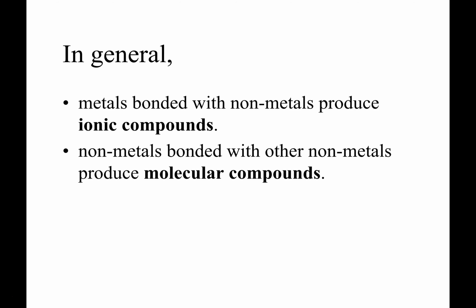This piggybacks on what we spent some time on in Unit 1. We have the jagged line on the periodic table, in red, that separates the metals from the nonmetals. So if you have one of these metals in your formula, then odds are very high that it's the formula of an ionic compound.